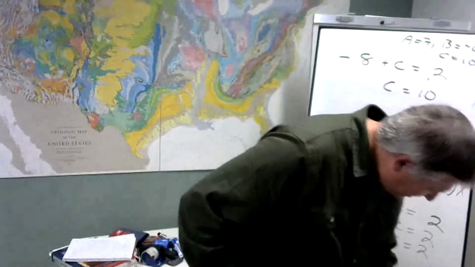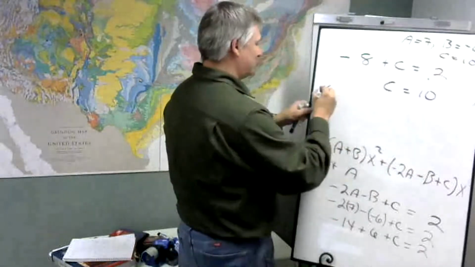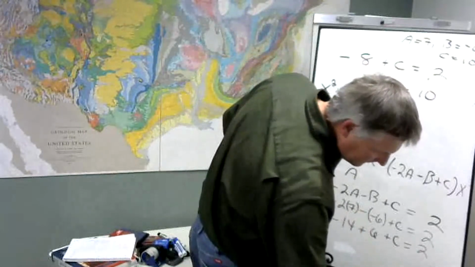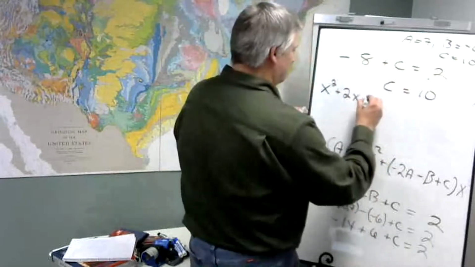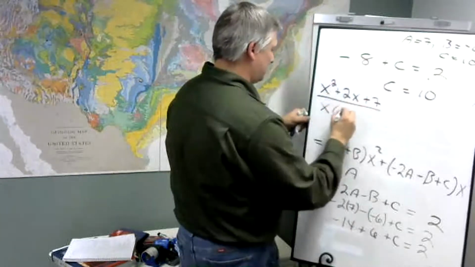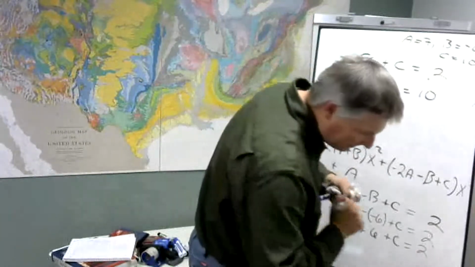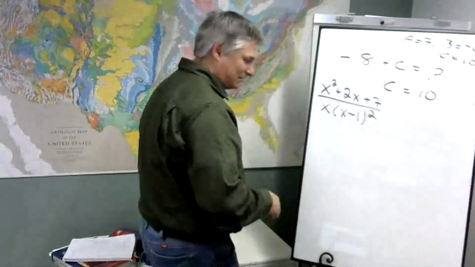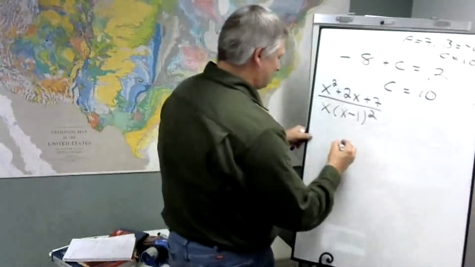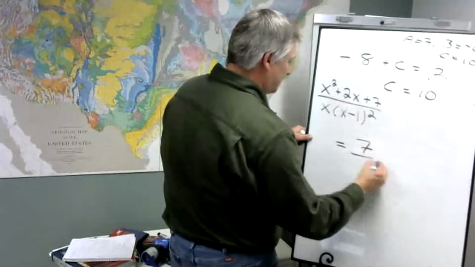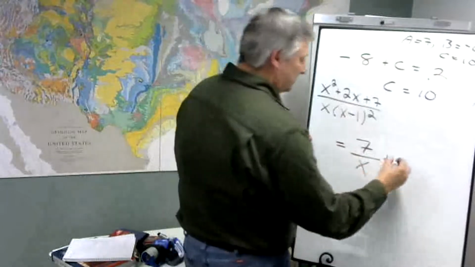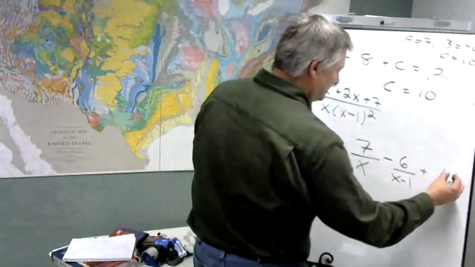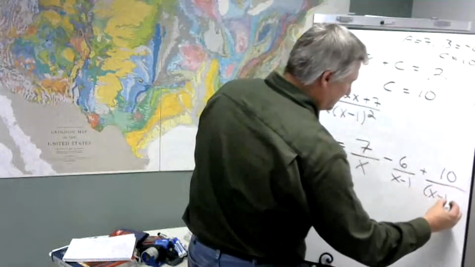Take the original function we had here, x squared, well, what this will be equal to a over x, so 7 over x, b over x minus 1, so this is going to be a subtract 6, x minus 1, and then a plus c, or 10, over x minus 1 squared.